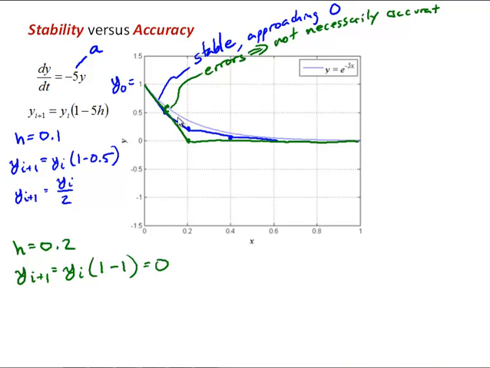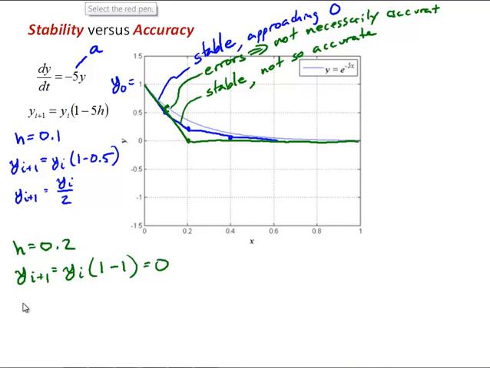So here again, with the green solution, we have a stable solution, but not so accurate. But that solution does still reflect the characteristics of the analytical solution, notably that it decays as we go forward in time and it approaches 0 as time approaches infinity.